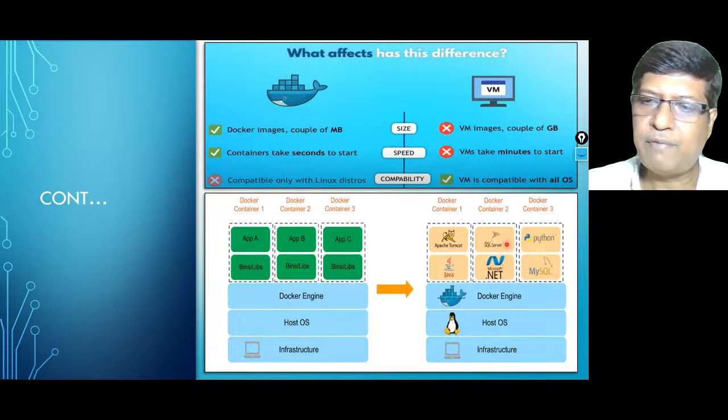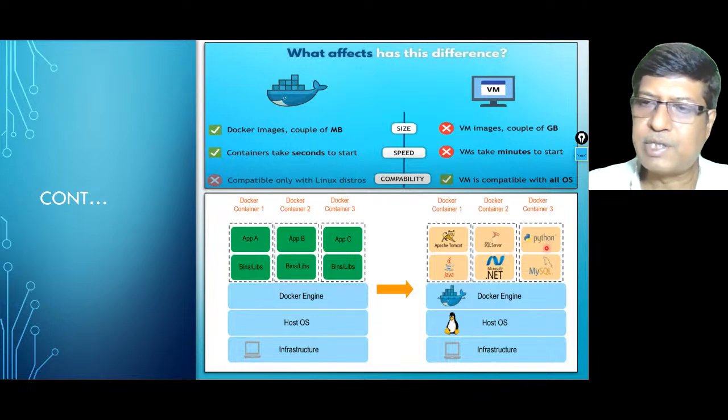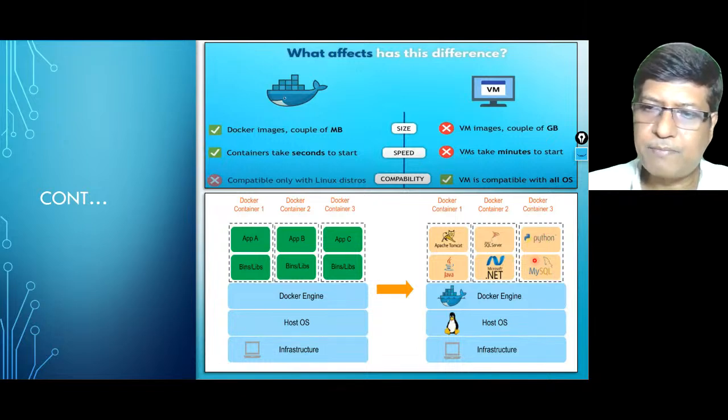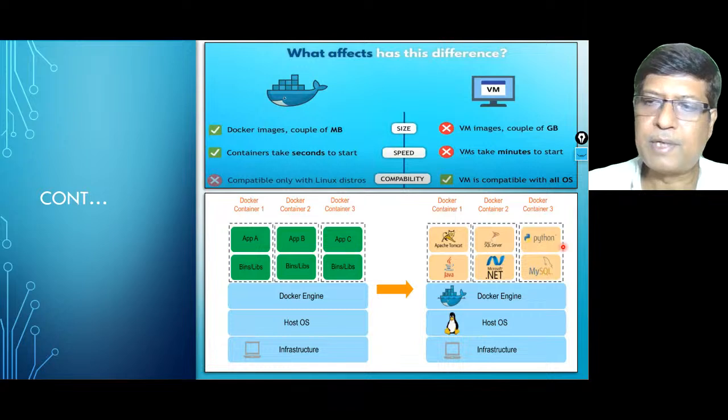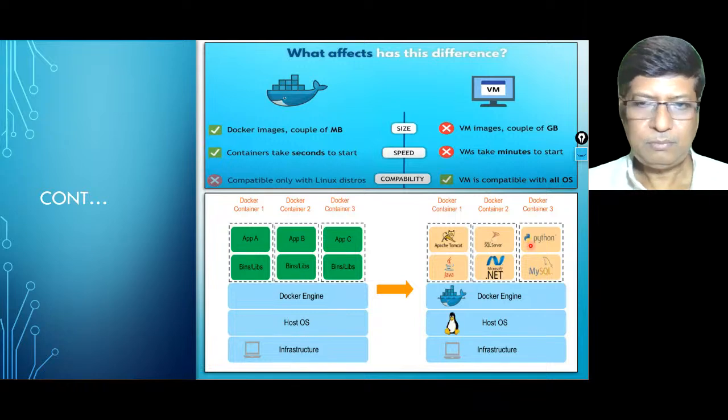Here also we will have a .NET application over an SQL Server database from Microsoft. There we will see a Python application on top of a MySQL database. So these are three different containers, and they are not dependent on each other. They are isolated. They are free. Clear?